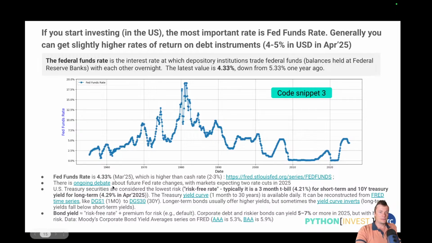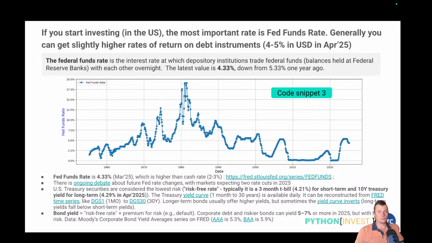There is a derived metric called the risk-free rate, and typically it's a 3-month T-bill, which is close to 4.3%. It is 4.2% now, and this rate is used for discounting future payments that you might get, and you need to discount them to current payments for economic models.